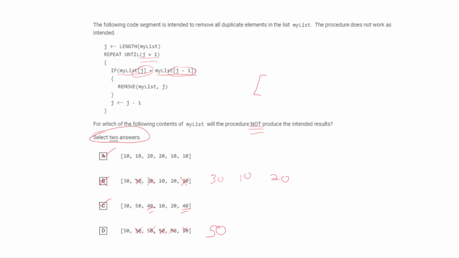Let's say you start from the front, right? And you have like this, 10, 10, I don't know, 20, 20, 30. And let's say that the first thing you do is you compare these two numbers and you remove this first number. By removing this, you will actually shift the whole list over. It'll become this.